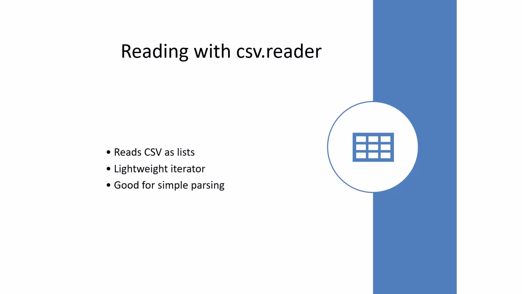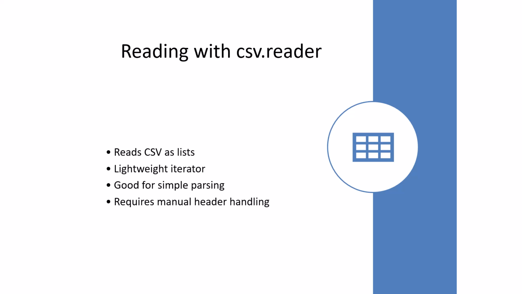That's because your CSV file uses clean newline characters, \n. But to ensure compatibility with files created on Windows or legacy tools, Python recommends always specifying newline equals empty string so that the CSV module can correctly handle all newline variants.